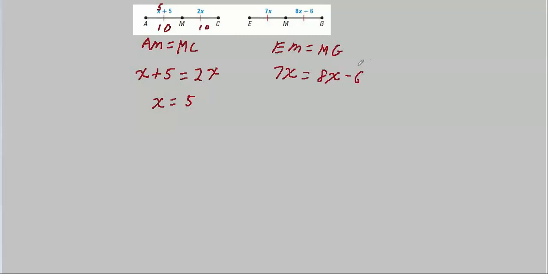So let's subtract 7x from each side, add 6 to each side, and get that 6 equals x. Does that make sense? Well, let's see here. 7 times x, if x were 6, put that in there, what do we get? 6 times 8, well, that's 48, minus 6, 40.